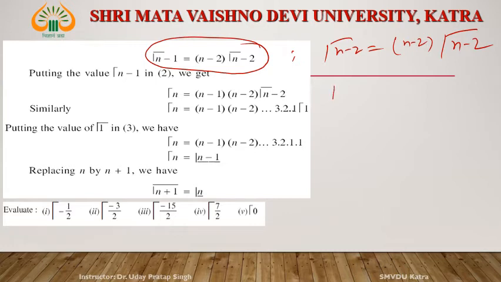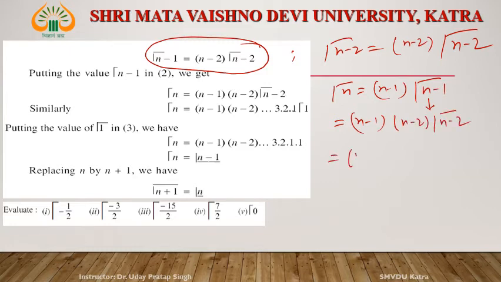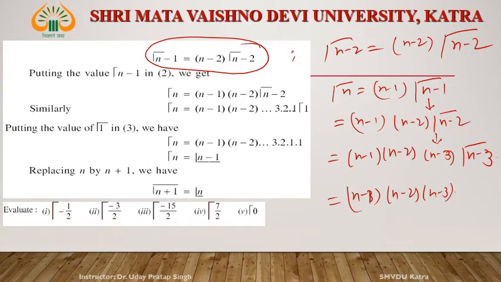So gamma n is equal to n minus 1 into gamma of n minus 1. This gamma n minus 1 is equal to n minus 2 gamma of n minus 2, so this is n minus 1 n minus 2. This gamma n minus 2 is equal to n minus 3 gamma of n minus 3, and so on. This becomes n minus 1 n minus 2 n minus 3 and so on. At last this becomes 3 2 1 and gamma of 1. What is gamma of 1?